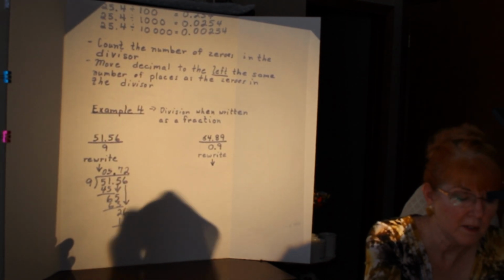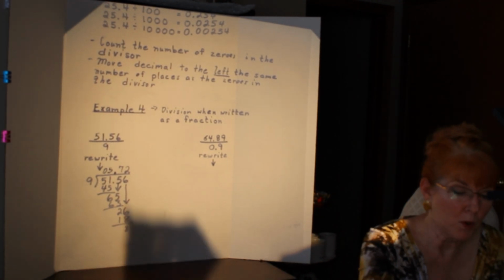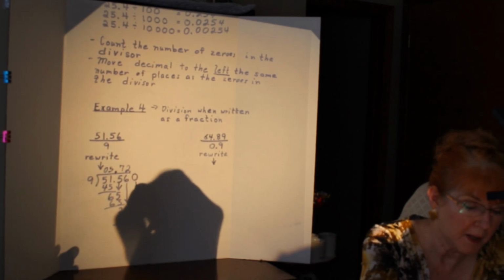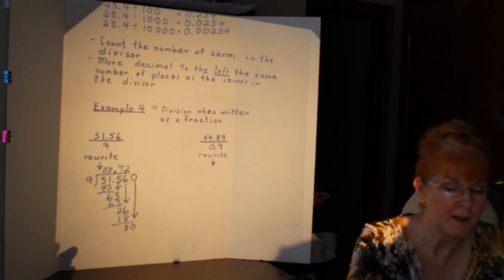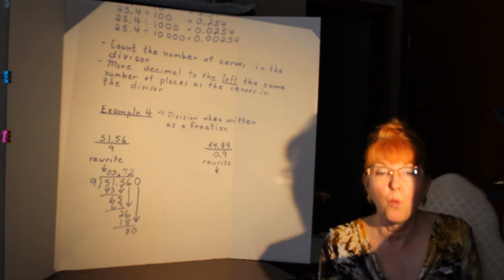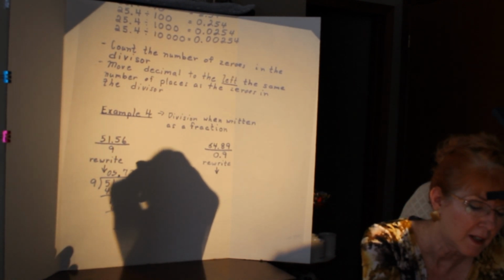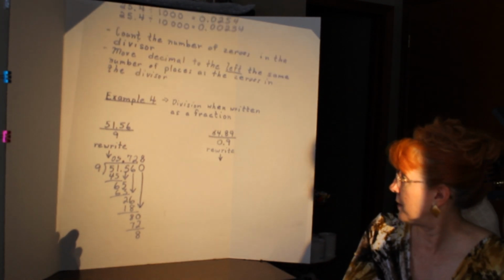That's all that's left, so I can add more zeros here. Bring down a 0. How many 9s in 80? 9 times 9 is 81, so that's not going to work. It's going to have to be 9 times 8, which is 72. So I'm going to end up with an 8 again.